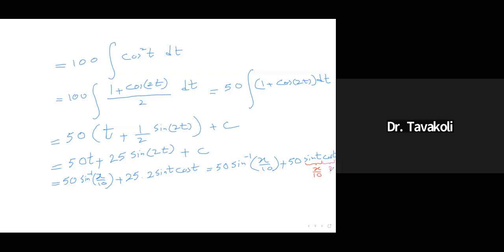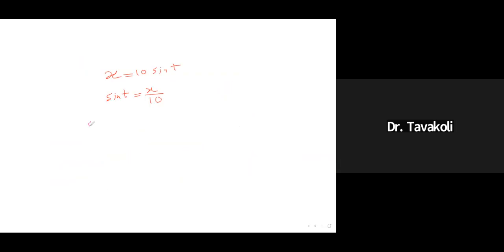You know that sine squared plus cosine squared, let me do it here. Sine squared of t plus cosine squared of t is 1. So sine is x over 10, so x over 10 squared plus cosine squared of t is 1. And you can solve for cosine of t.